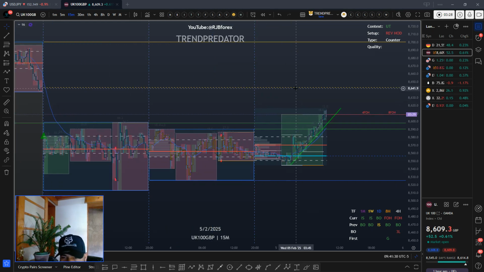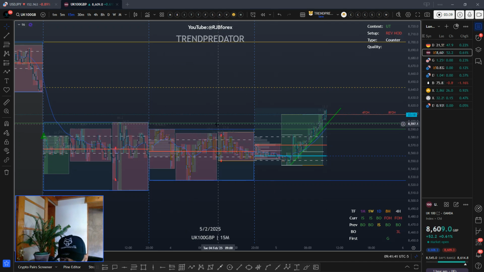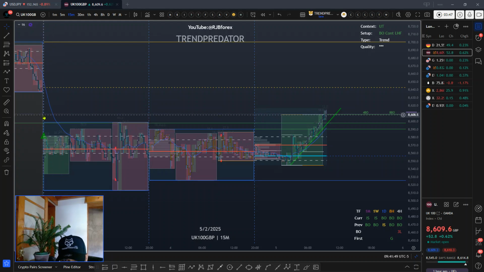We're not here to guess what the market's going to do. We're trading what the market is doing. At the moment, the market is rallying out of yesterday's stops above the inside day highs, above Monday's highs, to close the gap.